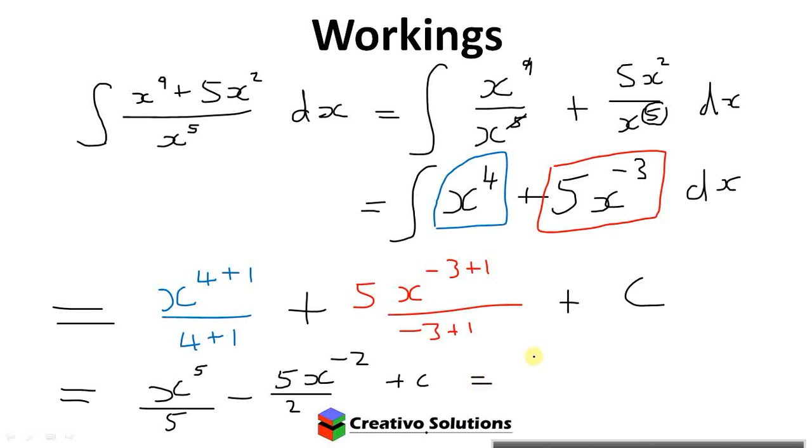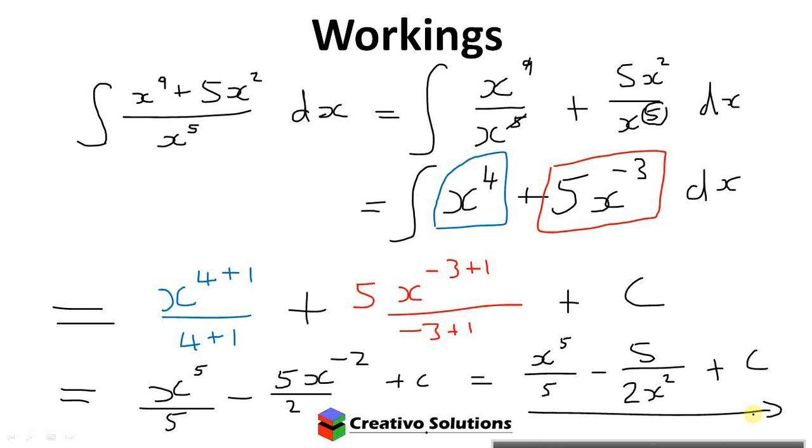Yes, you can. x to the 5 over 5 minus 5 over 2x squared plus c. That's the same as what they've got, 2x squared plus c.